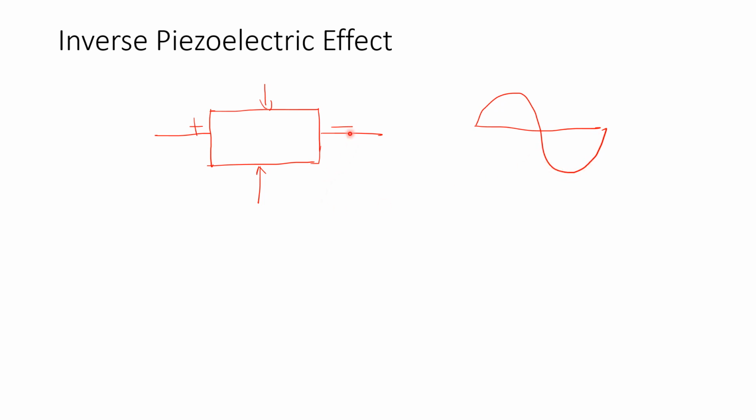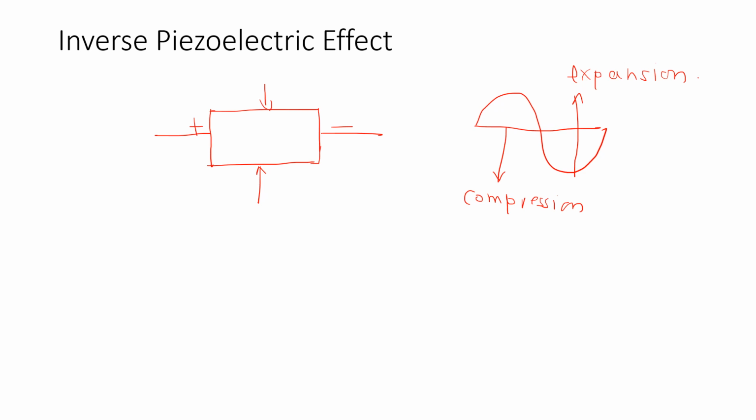The polarity will change. This negative plate will become positive, and now this will become negative. So the direction of the applied electric field changes. So in this half cycle, we will get expansion in the dimension, right? So if in this half cycle we are getting compression, then in this half cycle, we will get expansion.